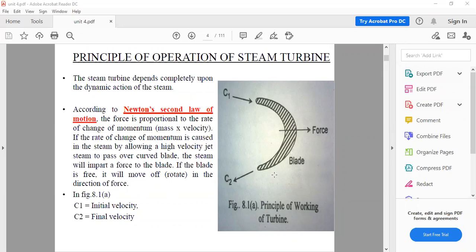All of you got it? Getting this point? So, principle of operation of steam turbine.